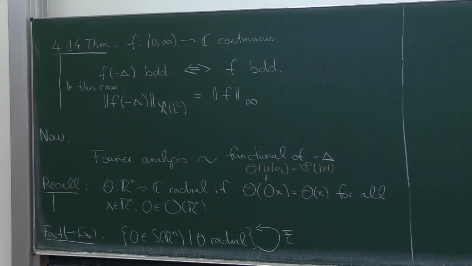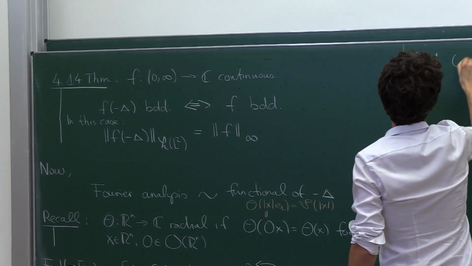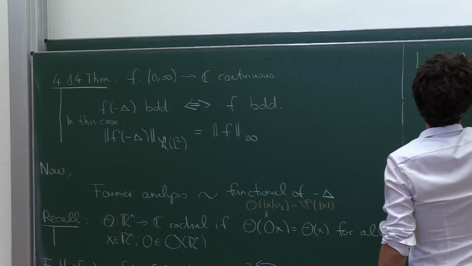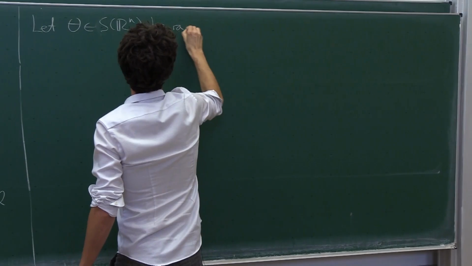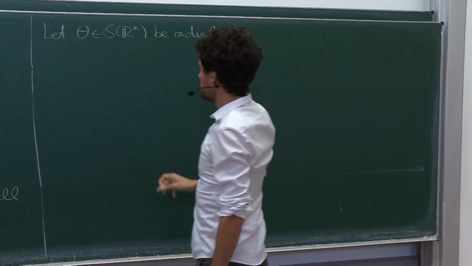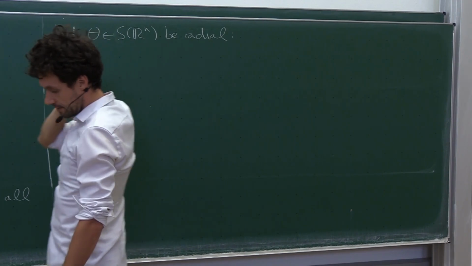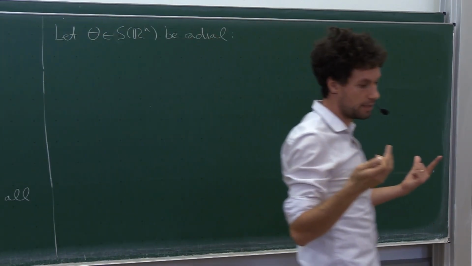All right. So let theta in Schwarz functions be radial. And now I have two results in Fourier analysis that more or less follow similar intuition.